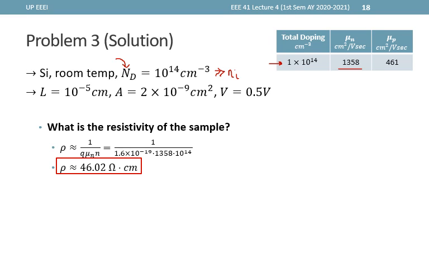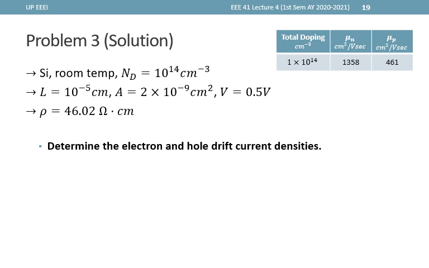So we must be able to solve the resistivity to be equal to 46.02 ohm-centimeters. And we have added that information at the top of the slide. And then we now proceed to determining Jn and Jp drift.